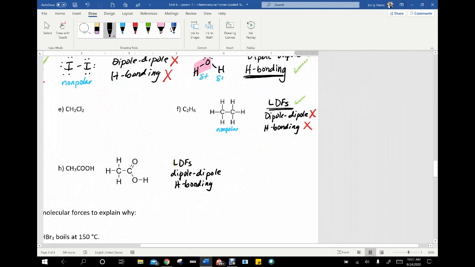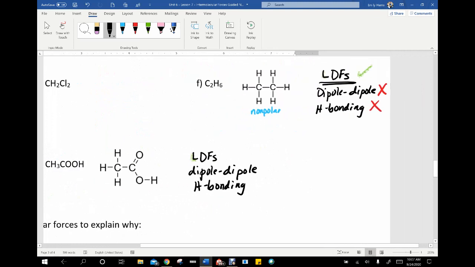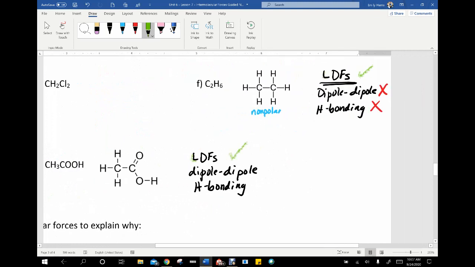Now let's take a look at this next one. We know it's going to have LDFs, like every other molecule, but now we have to answer the question, is it polar? So immediately when I see those oxygens, that lets me know that this side is going to be more negative, while the side with my hydrogens and carbons are more positive. This has created a separation of charge, so the molecule is going to be polar.